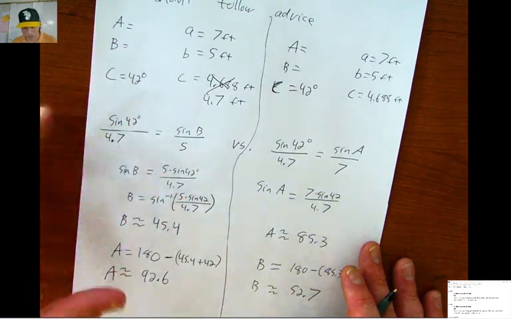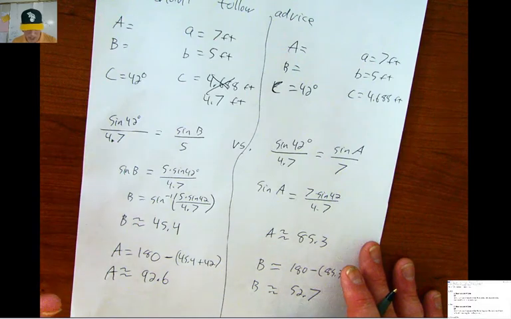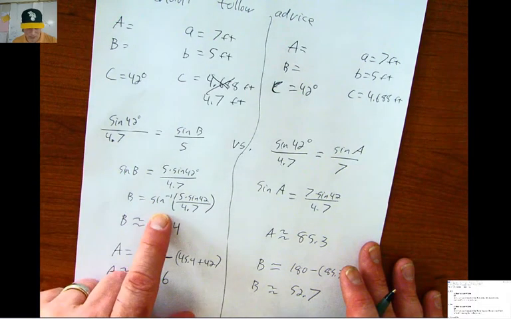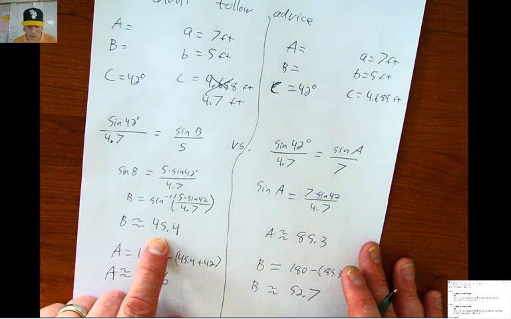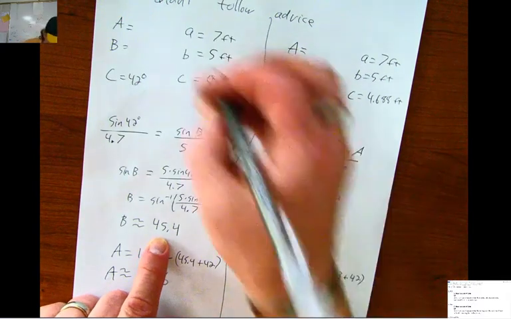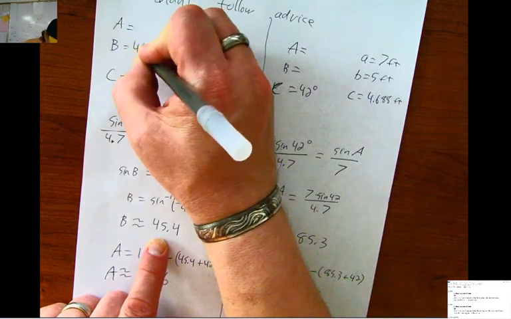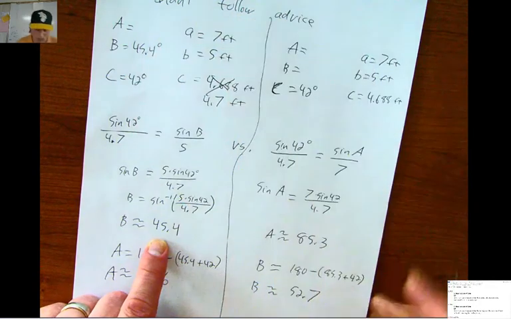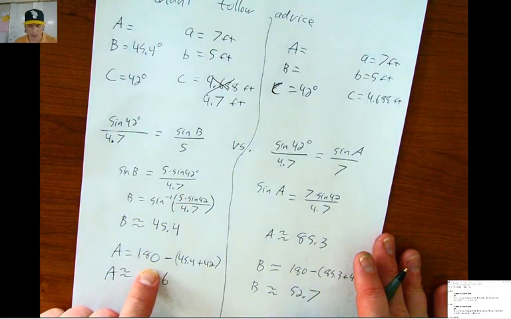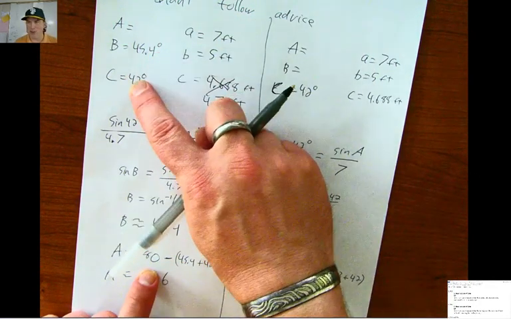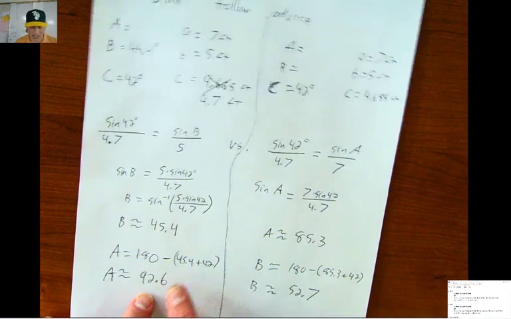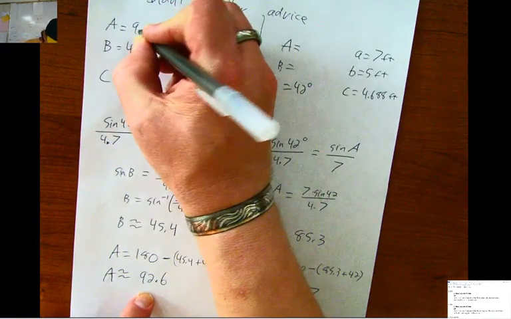I cross multiply, I divide, I do the sine inverse, I end up getting 45.4. So angle B is 45.4 degrees. And then I add these two up, and I go 180 minus that, and I get 92.6.